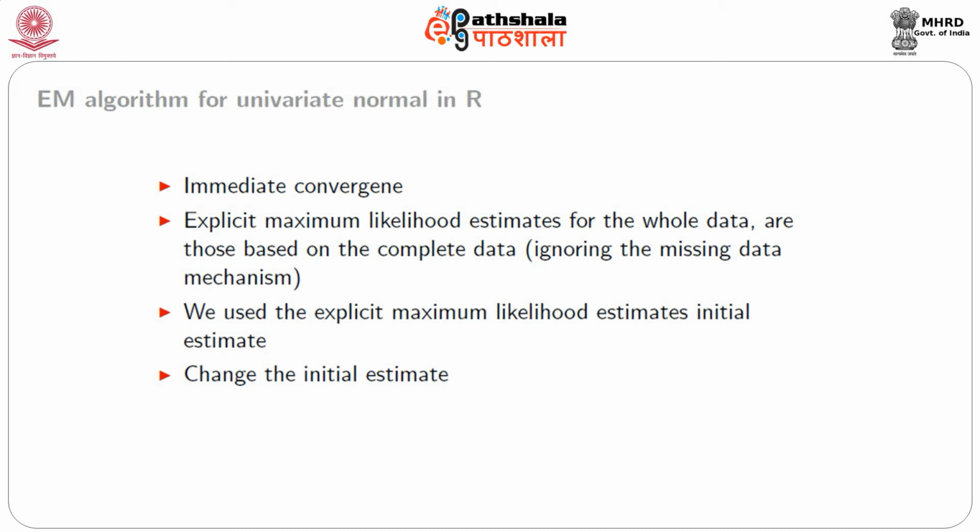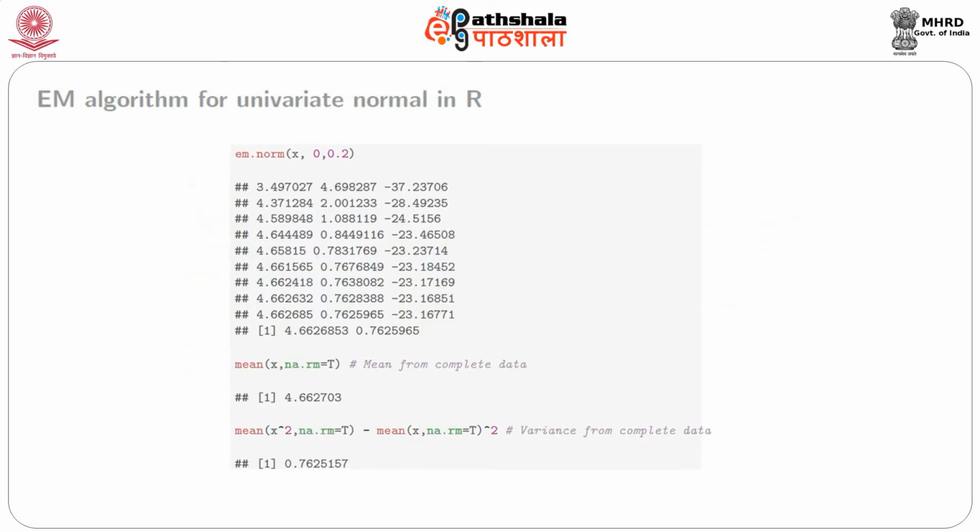But to see what the actual iterations are, we can change the initial values. So we can change the initial value of the mean arbitrarily to 1 and the variance to 0.1, and these are arbitrary values. We can take any value for it, and now we call em.norm with x, 1 and 0.1.